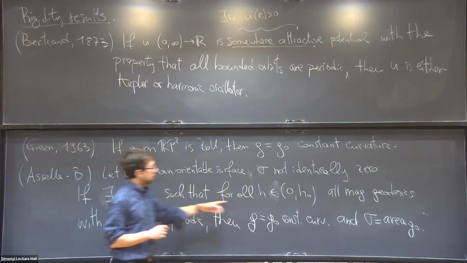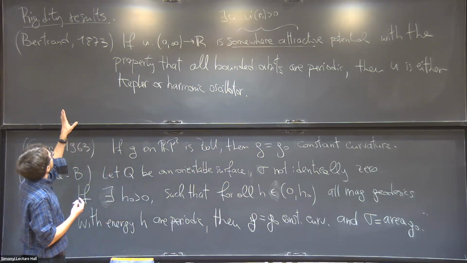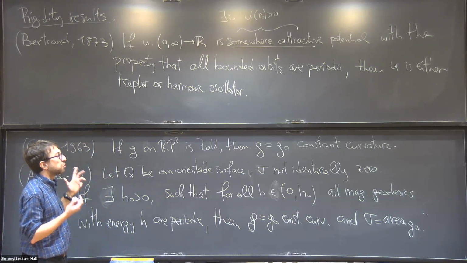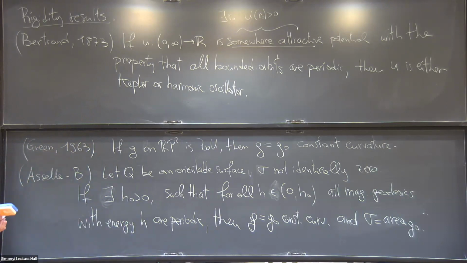These are the two examples I want to discuss. The example of Bertrand is also interesting to see if one can weaken this to get some flexibility, but we don't know. Maybe it's a nice research project.